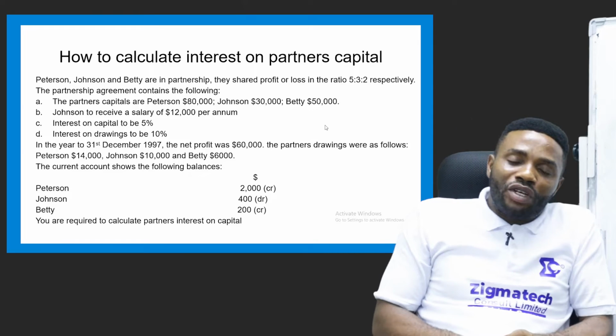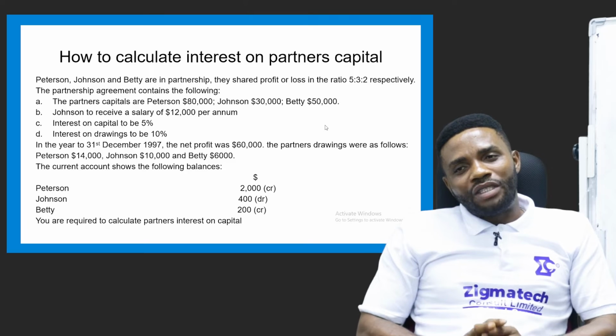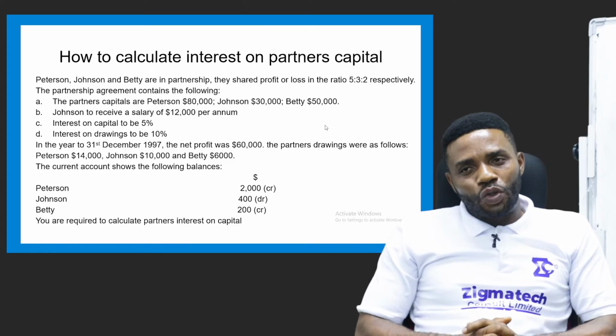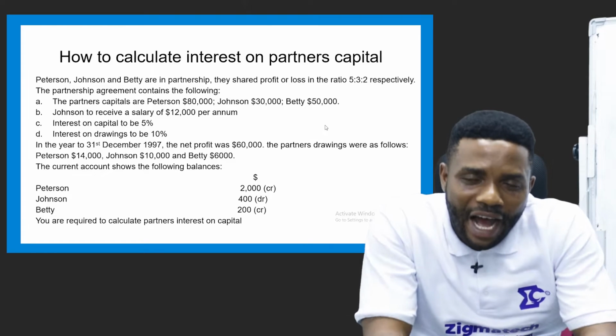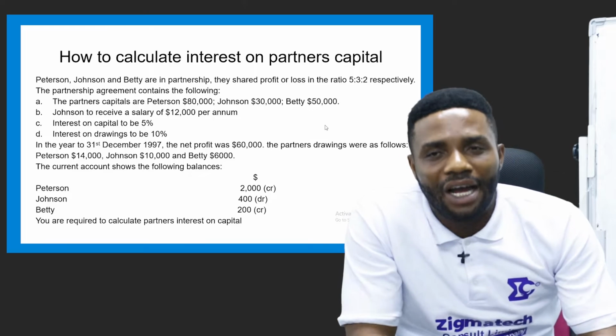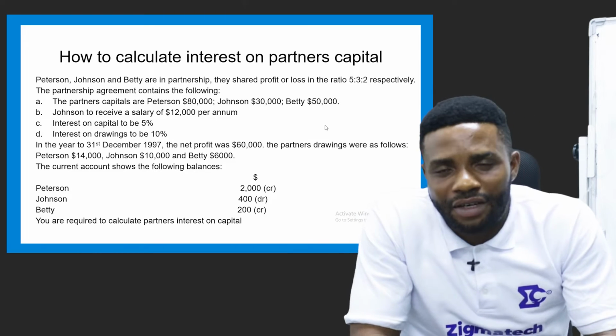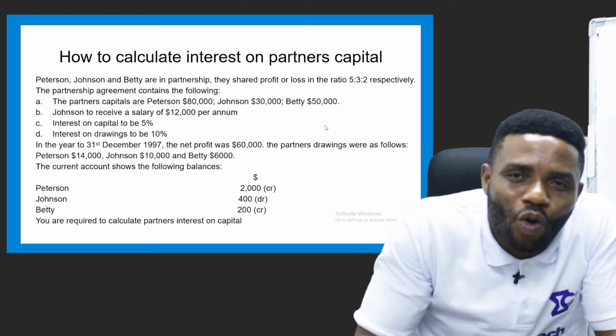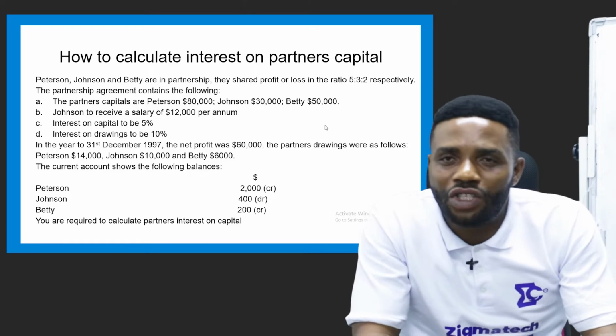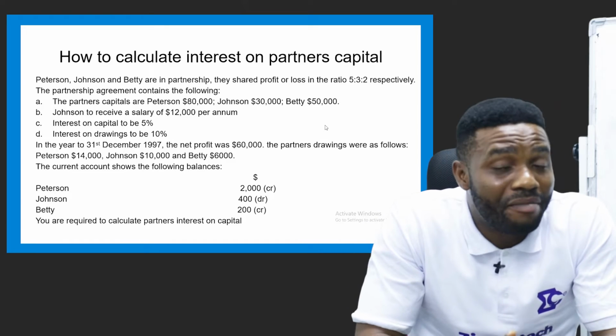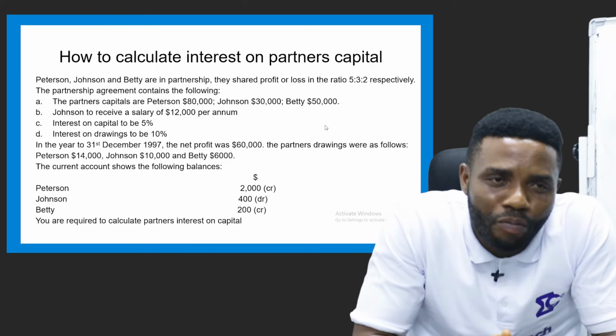Now, why it is important for students to give undivided attention to this is that students will ask, which of these accounts are we actually expected to charge the interest on? Are we going to charge the interest on the current account, or should we charge it on the capital account? Remember, we have two accounts that are opened here.